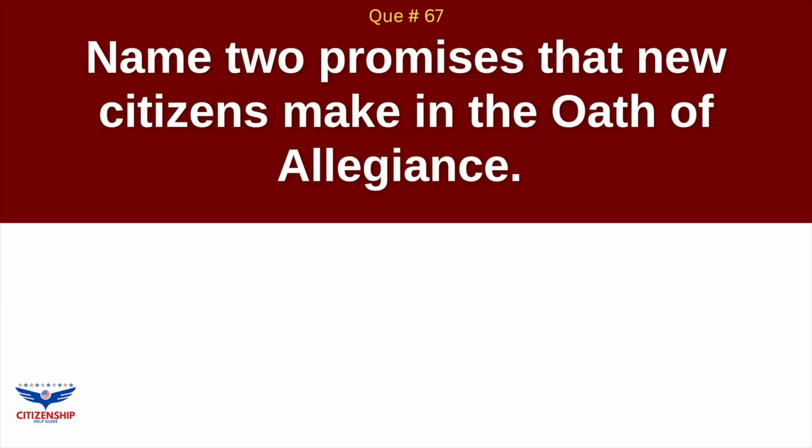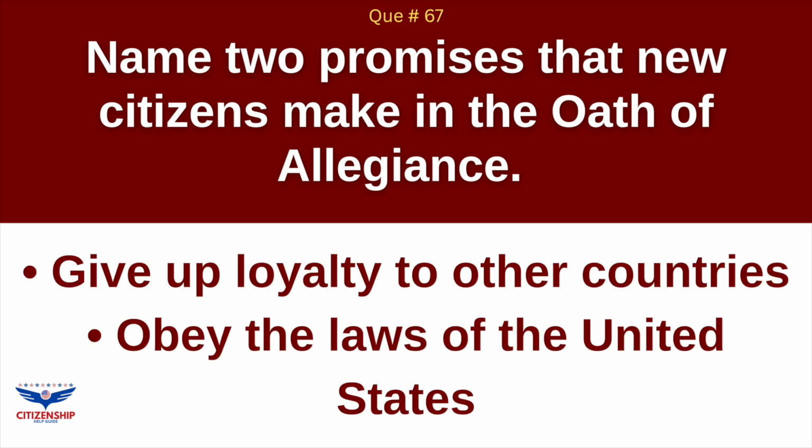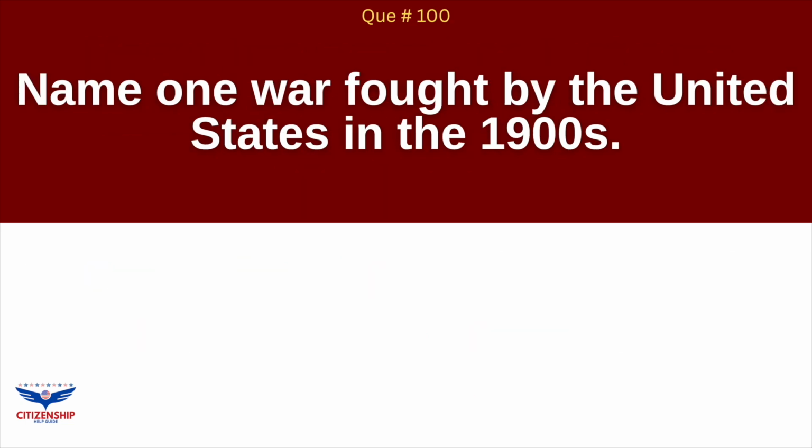Name two promises that new citizens make in the oath of allegiance. Give up loyalty to other countries. Obey the laws of the United States. Name one war fought by the United States in the 1900s.